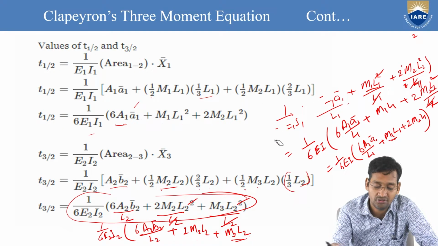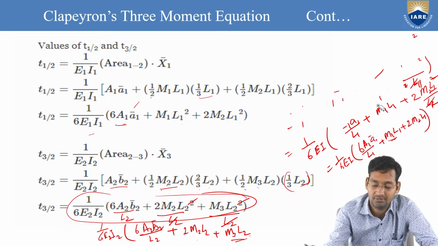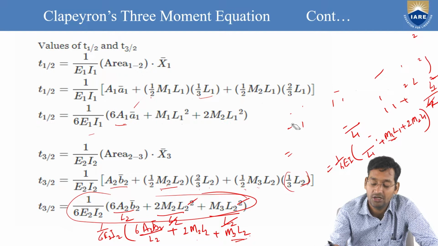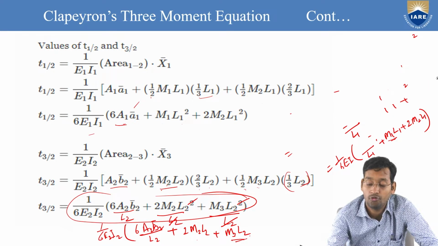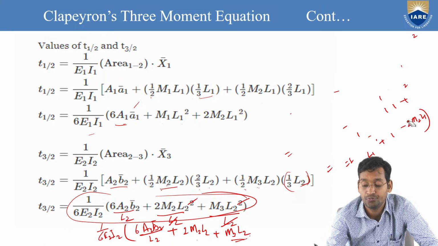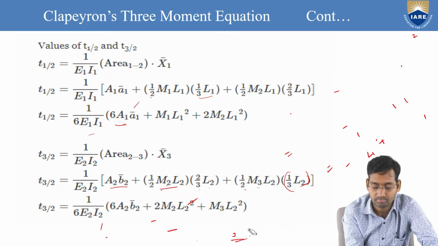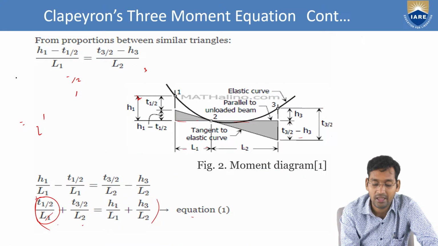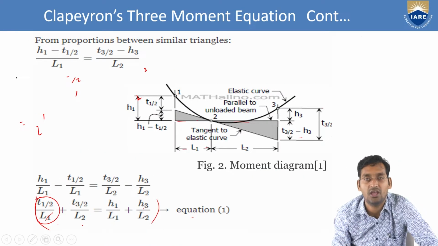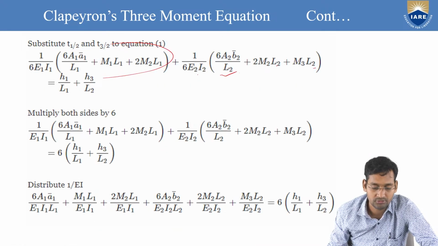Right? So now with this, on the left side we have T1 to 2 by L1 plus T2 T3 to 2 by L2, and that is equal to H1 by L1 plus S3 by L2. So now just substitute.